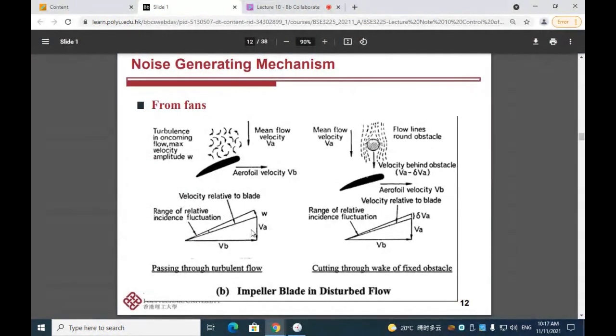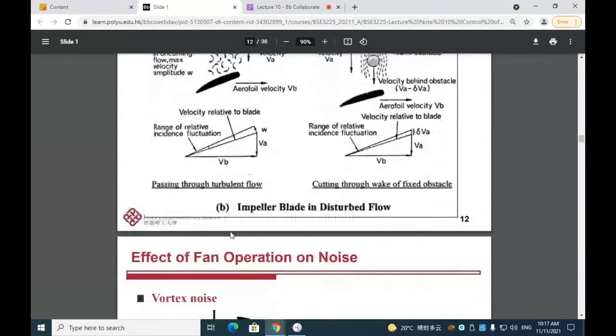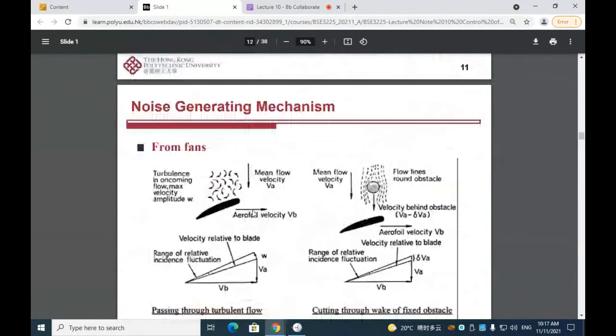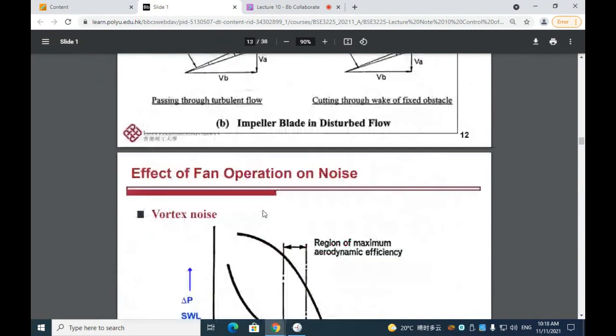And if the impeller blade is in a disturbed flow, the scenarios are different when the blade is passing through turbulent flow, or the blade is cutting through the wake of a fixed object. All of them will generate vibration, and that will cause noise.